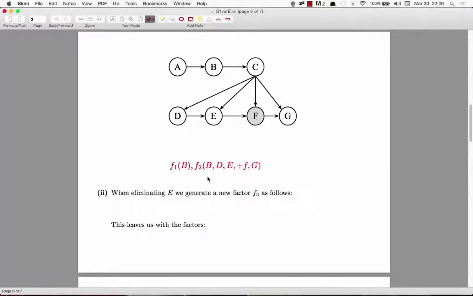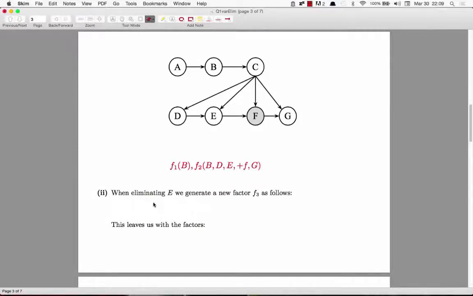In this part, we have already eliminated c, and we have just these two factors remaining. Next, the question asks us to eliminate e. There's just one factor here which contains e, so we don't really have to join, we can just eliminate e from this particular factor. The new factor that gets generated will have all the variables here except e.